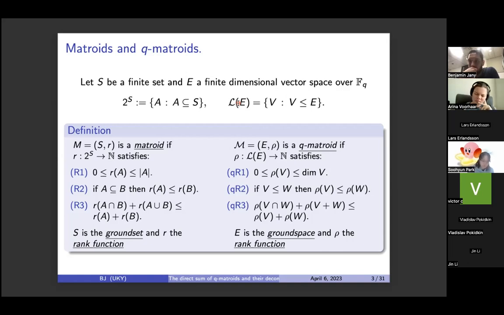It's interesting whether this definition fits in this context.